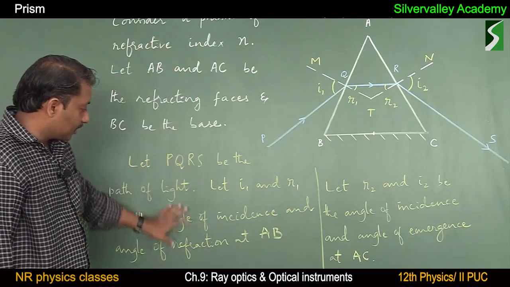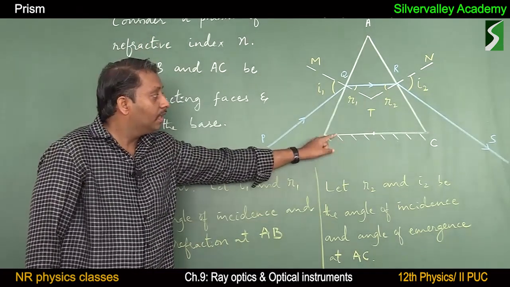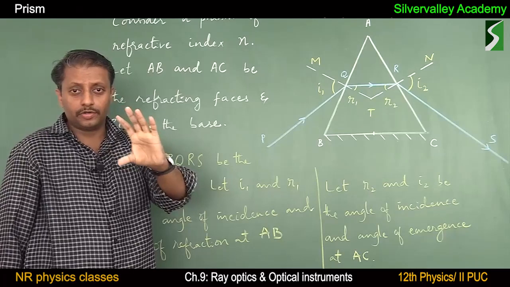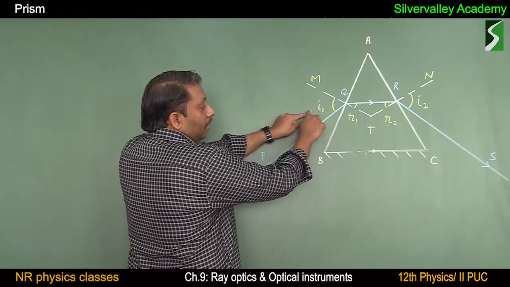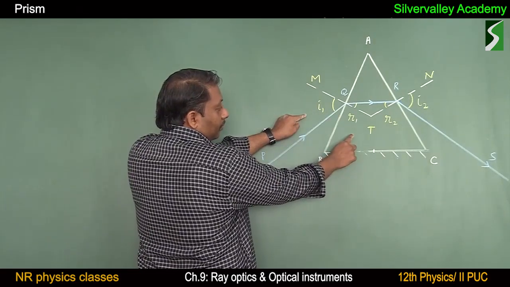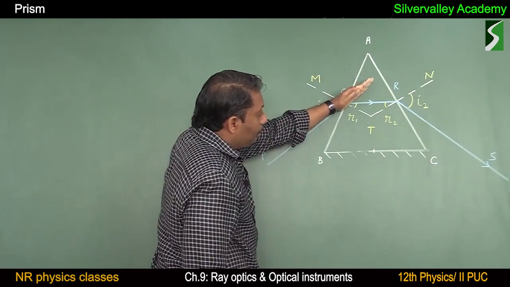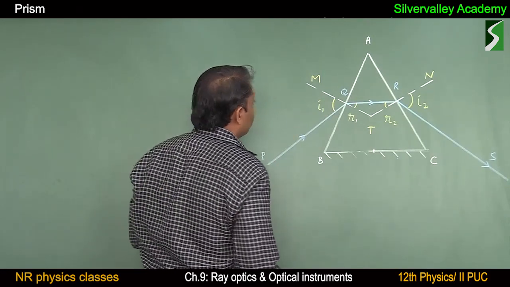Students, copy these steps and the diagram. Let the diagram be a little bigger. Here the light ray is traveling from rarer medium to denser. Therefore, the light ray bends towards the normal.